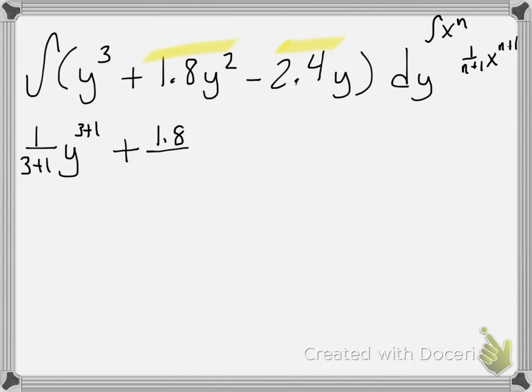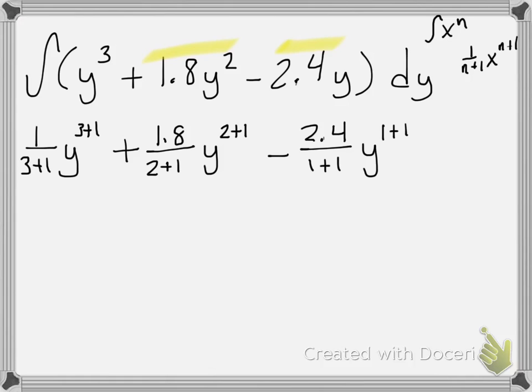1.8 over 2 plus 1, y to the 2 plus 1, minus our 2.4 over, and that's going to be y to the 1, so it's going to be 1 plus 1, y to the 1 plus 1.